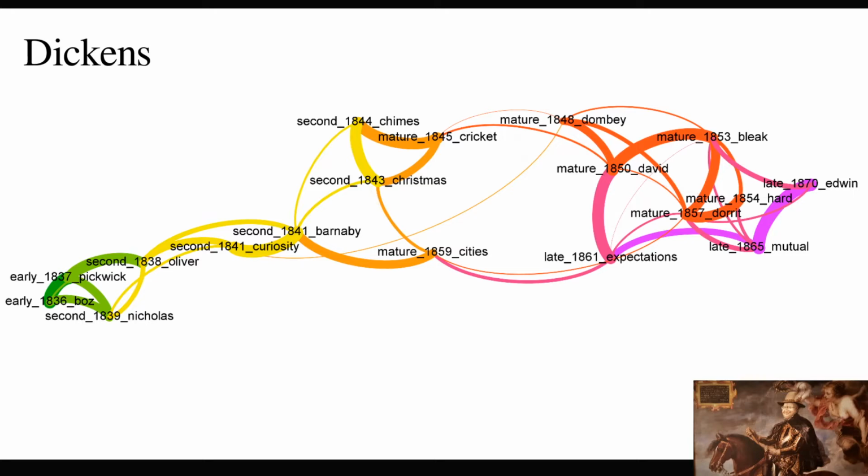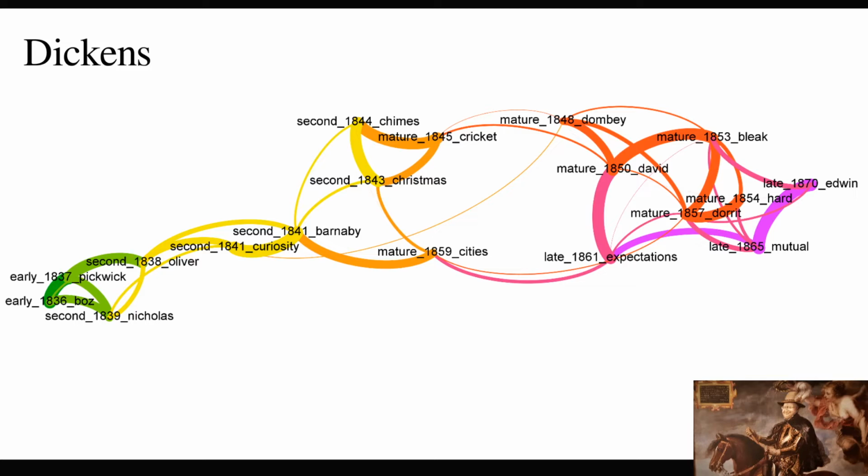Now, this is obviously the result of a network analysis, and the color coding is something you should get used to, because this is what I use throughout this presentation. Green always denotes the earliest writings of an author. Later writings are yellow, orange, red, and purple. I call this the ripening aubergine scheme, even though I'm not really quite sure this is how aubergines change color as they grow. Sorry about the vegetable story.